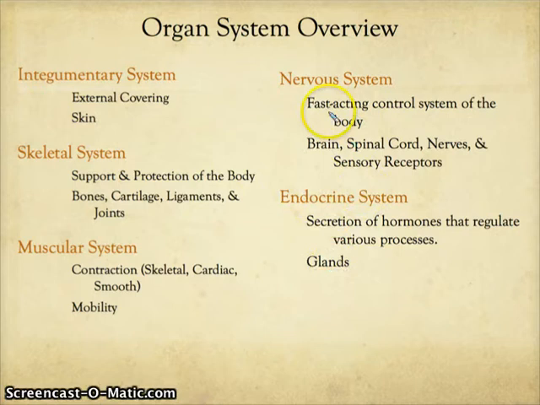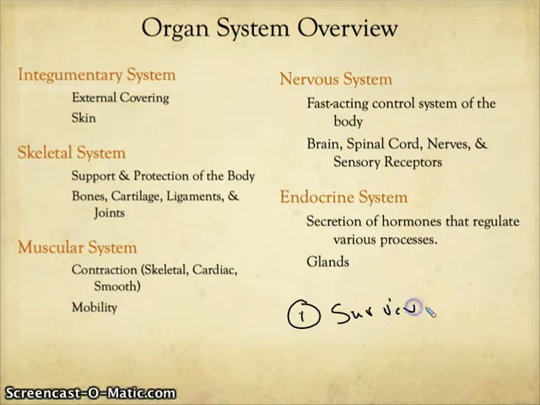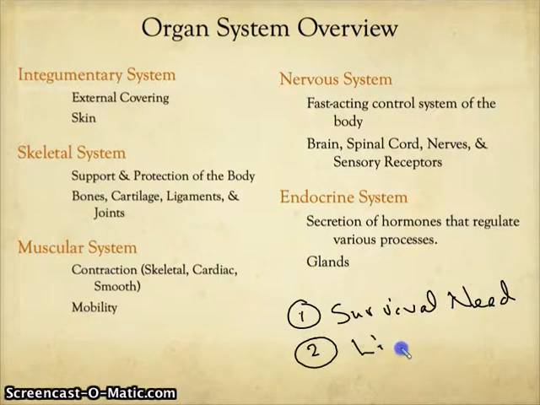So as we look at those, keep in mind where each of these systems covers those boundaries. You need to be linking up each system either to a survival need or to life requirements. So the muscular system, that's easy to link up.